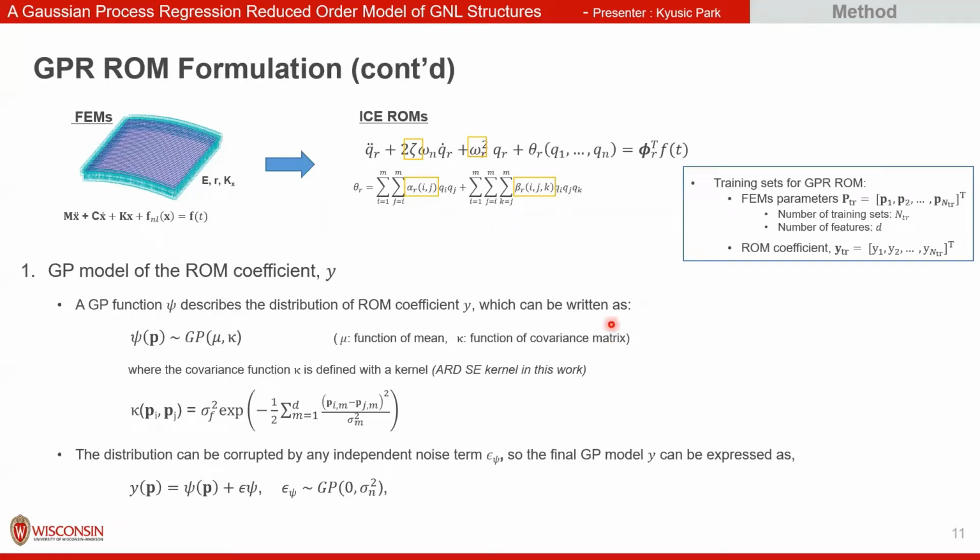Based on the assumption that the collection of ROM coefficient y obeys the joint Gaussian distribution, the GP model can be described by the function of mean and covariance, and the model can also account for the independent noise that corrupts the distribution of the given training sets.